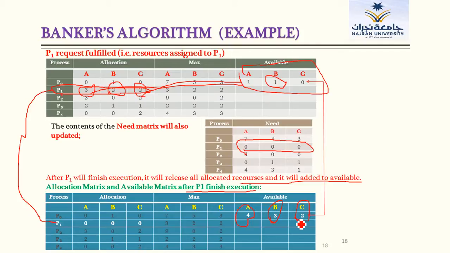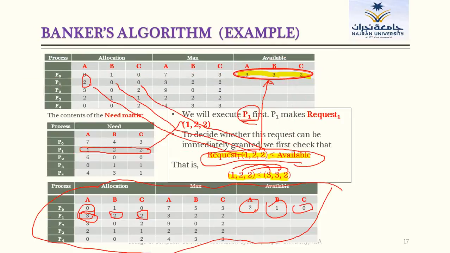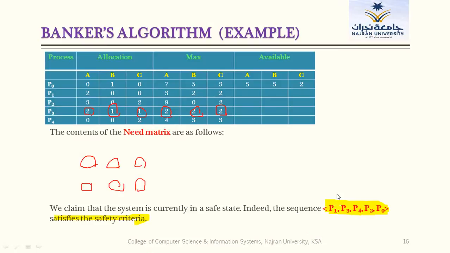Now we will go to the second process in the sequence and we will execute it in the same way. So we will go back and check the sequence again. Which process? Yes, we have to execute the next process in the sequence, that is P3, and P1 is done successfully, no problem. Now we will execute P3.